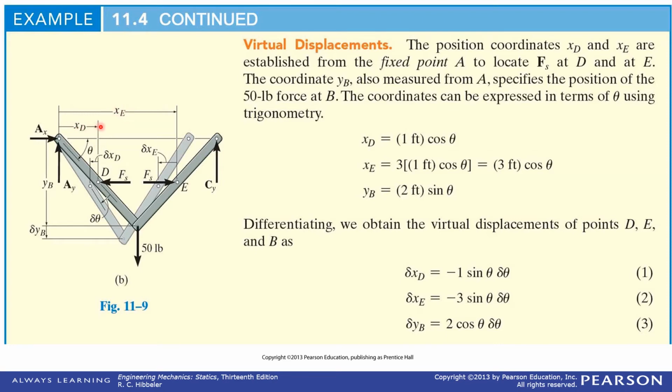X sub d, another x sub d here, another x sub d here. 3 times that. So there we go, right there. 3 feet cosine theta. And then the y is going to depend on the sine, and it's 2 feet sine theta. Differentiating, anyway, you get these numbers.